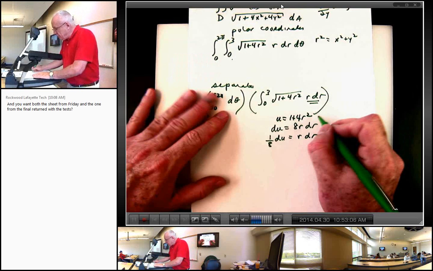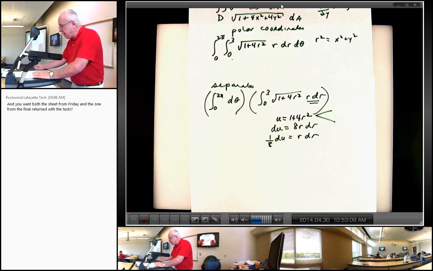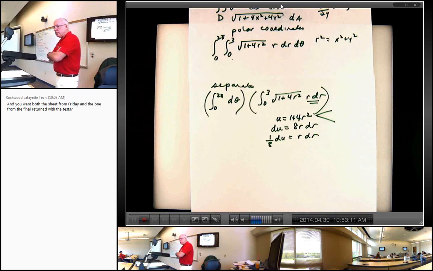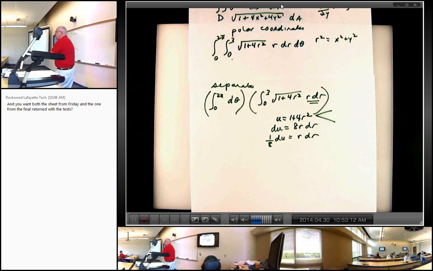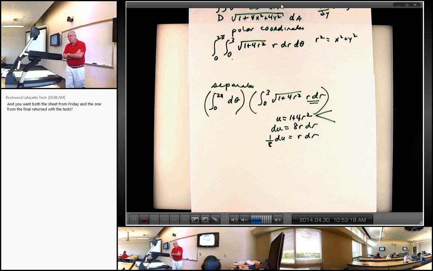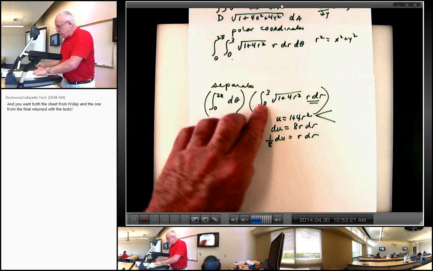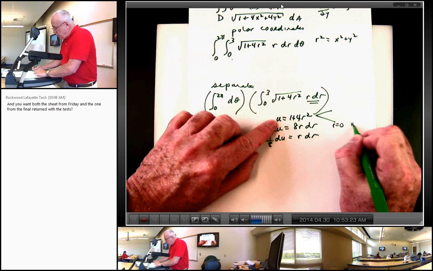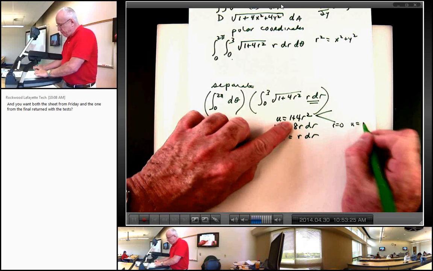Since it's a definite integral with numbers, I'm just going to do the entire thing in the new variable, so I'm going to switch my limits of integration right now. When r is equal to 0, u is equal to 1.